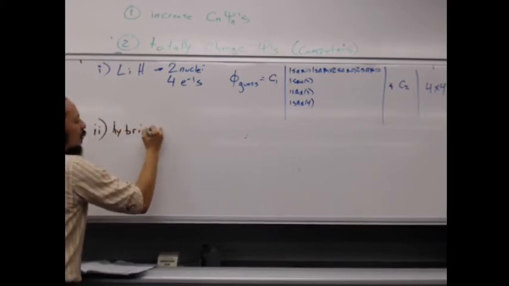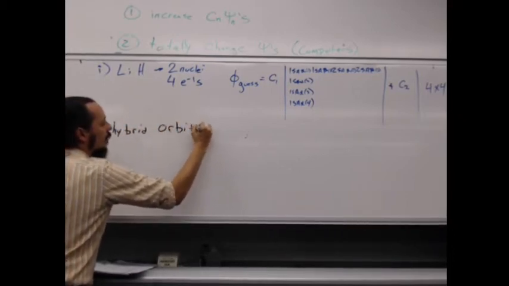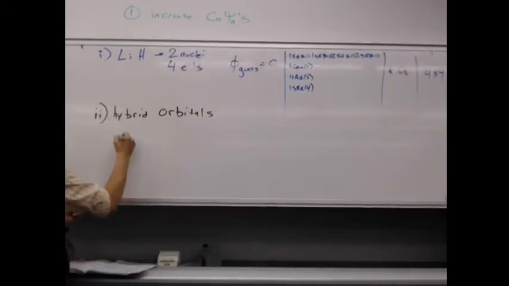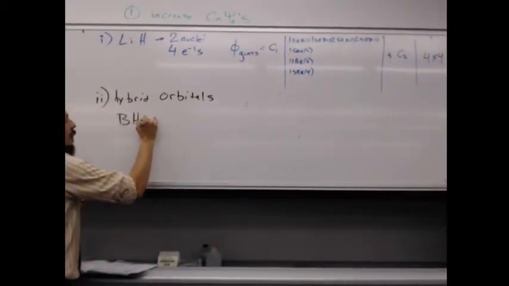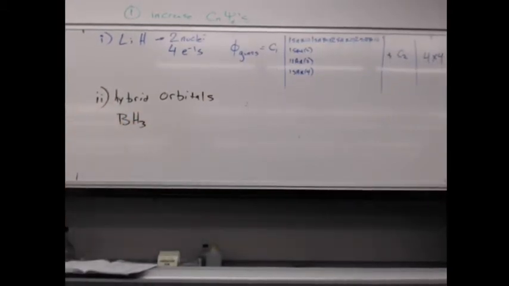Which is going to be hybrid orbitals. Particularly, I'm going to be looking at BH3. I'm doing this one in particular for a couple reasons. One, I really want to get sp2 hybrids for the thing that we're going to be doing at the end of class. And two, it's a really simple thing to try and do an example of, right?